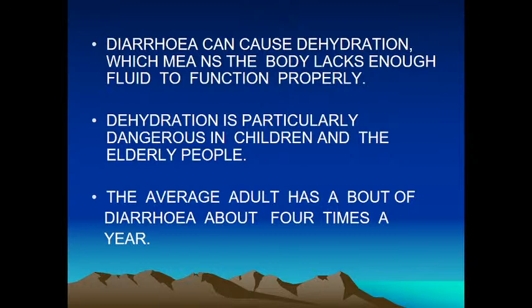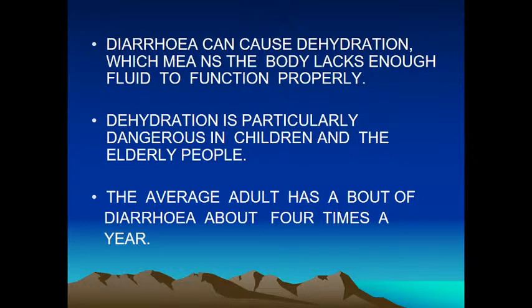What happens in diarrhea? Diarrhea results in the loss of fluid and salts. So that can result in dehydration. This is the biggest problem which we face in children, a sudden dehydration which occurs. And the fluid loss can result in dehydration in the very young as well as in the elderly.